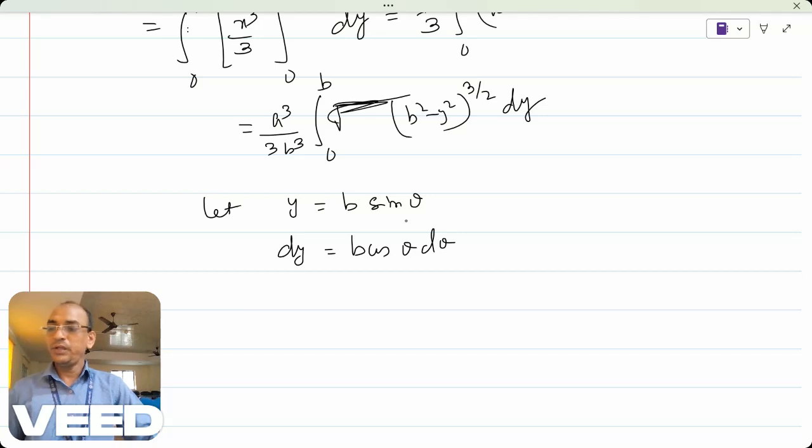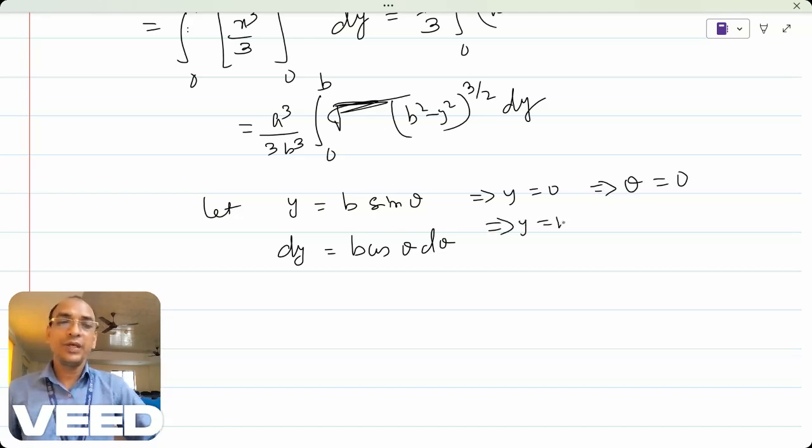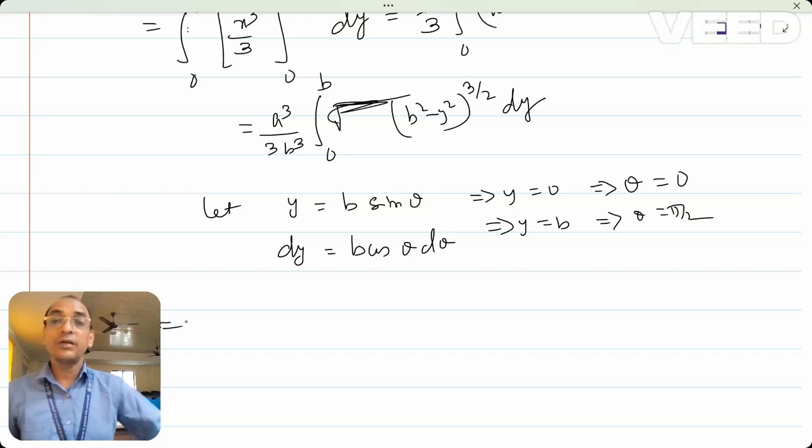Now whenever y equal to 0, what will be theta? Theta will be nothing but 0. Whenever y equal to b, theta will be nothing but pi by 2. So the original equation can be written now.